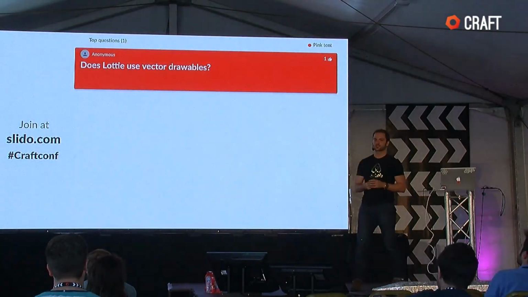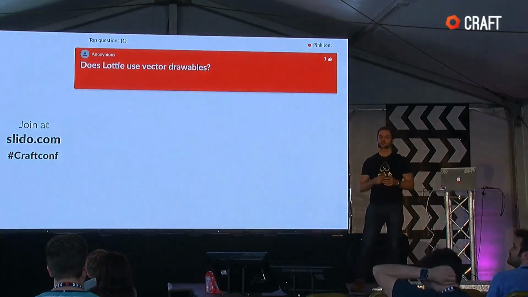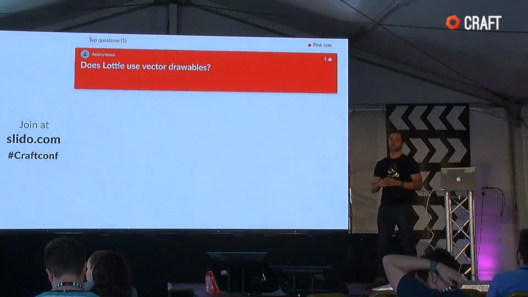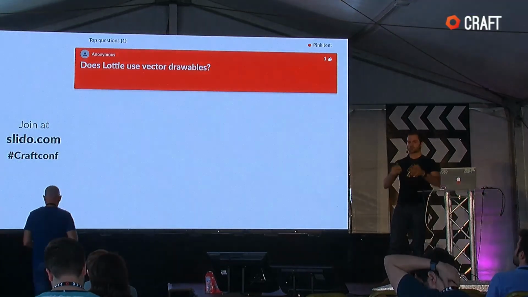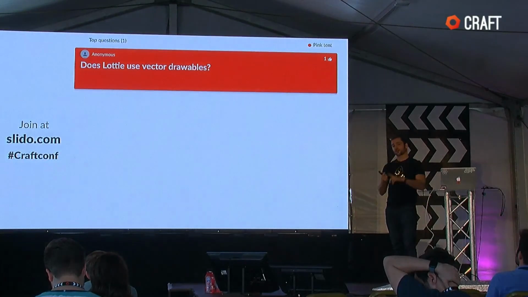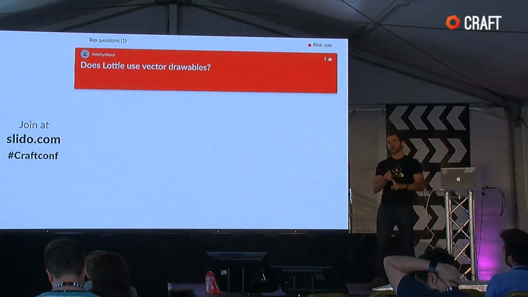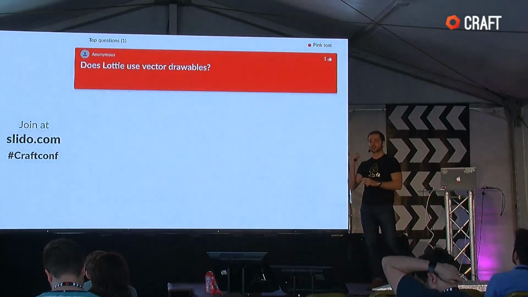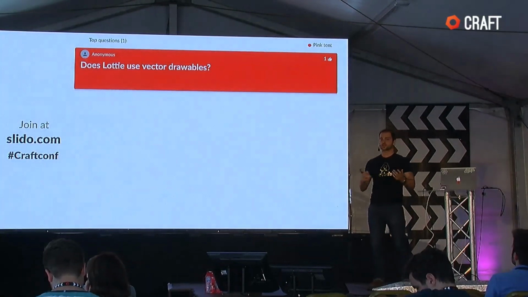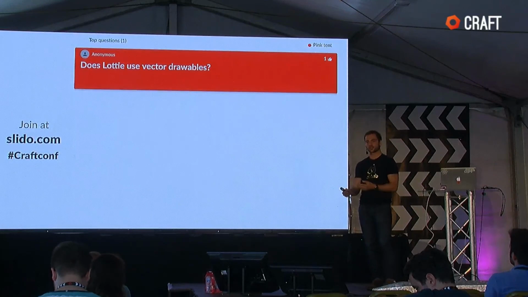That's a good question. On Android, there is native support for some vector drawables. Lottie does not use vector drawables. It is its own thing. Some of the pros and cons, if you're considering vector drawables: they run on the render thread, which is an advantage they have on Android because they're part of the platform. It's not something we can do, so Lottie animates on the main thread.